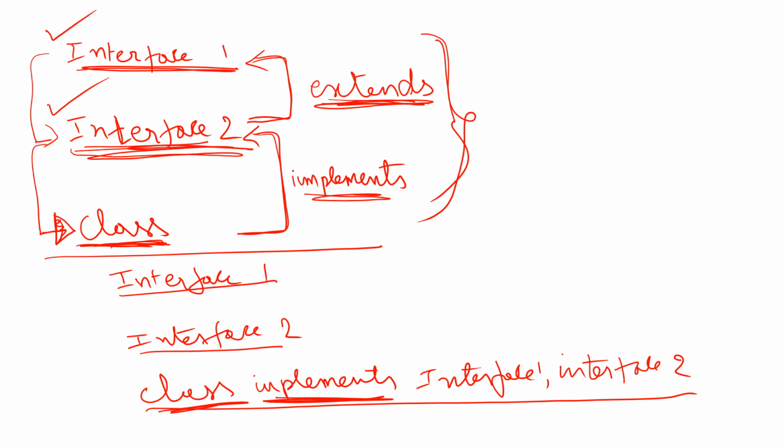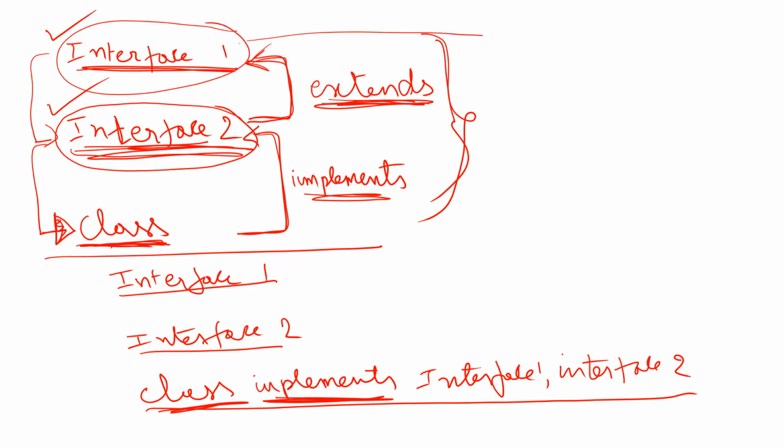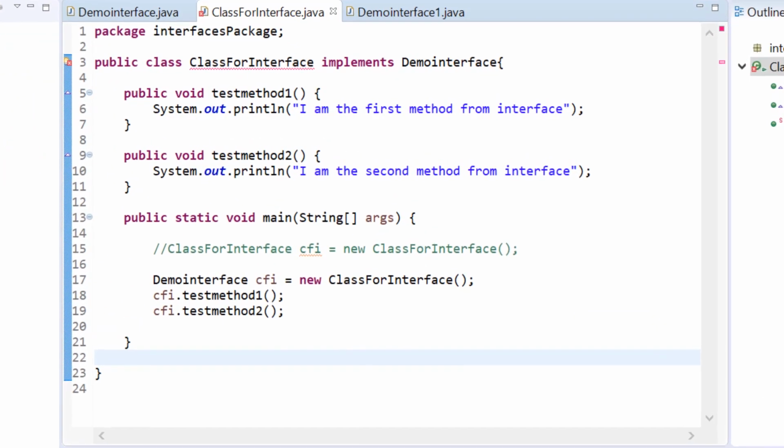We have implemented the methods of only this demo interface, but now we are extending this interface to another interface, demo interface 1. It contains one more method now, so we have to implement this one more method also in this class. That's why this class is throwing an error.